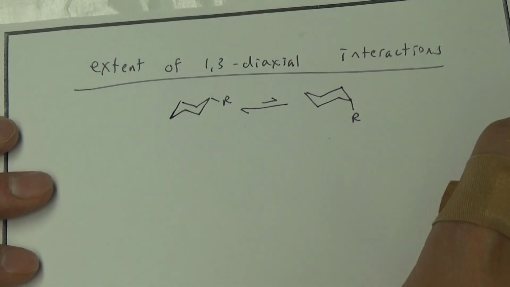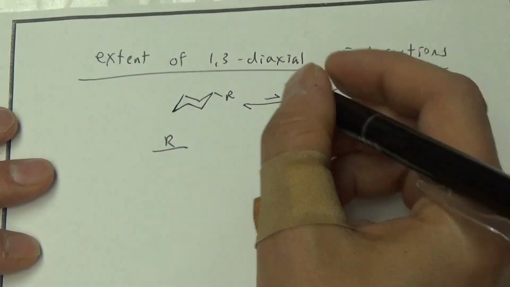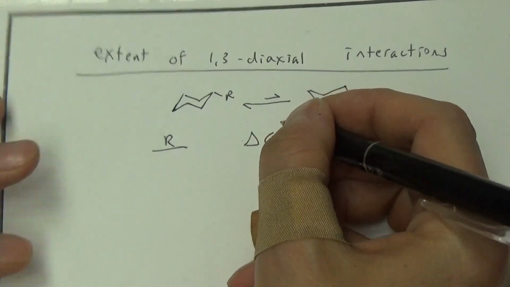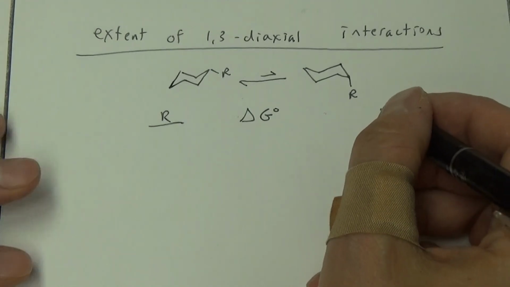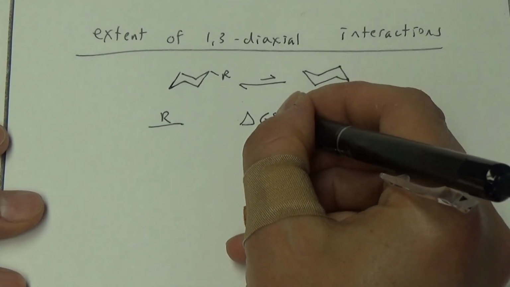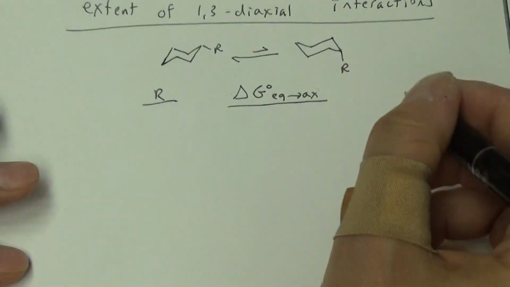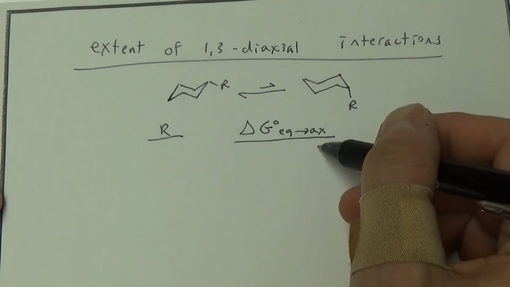Okay, let's look at some R groups. Now what I'm going to write here is delta G under standard conditions. So it's an energy value. The energy to go from equatorial to axial. Okay, so these are going to be kind of small numbers, but real numbers.